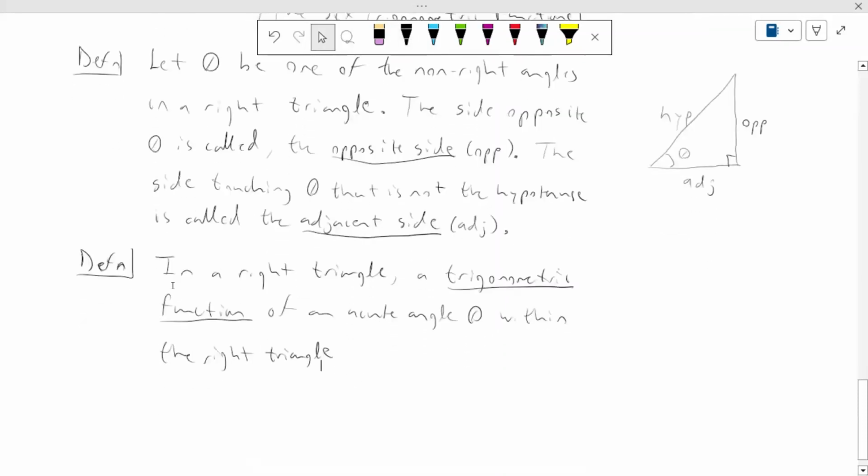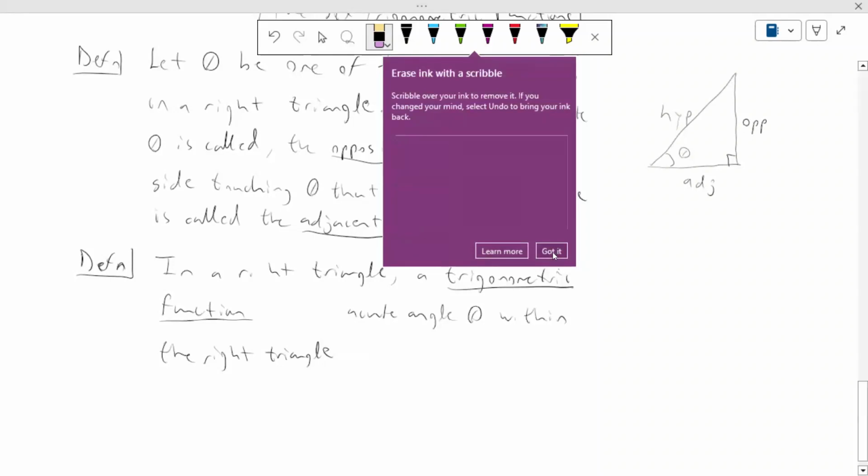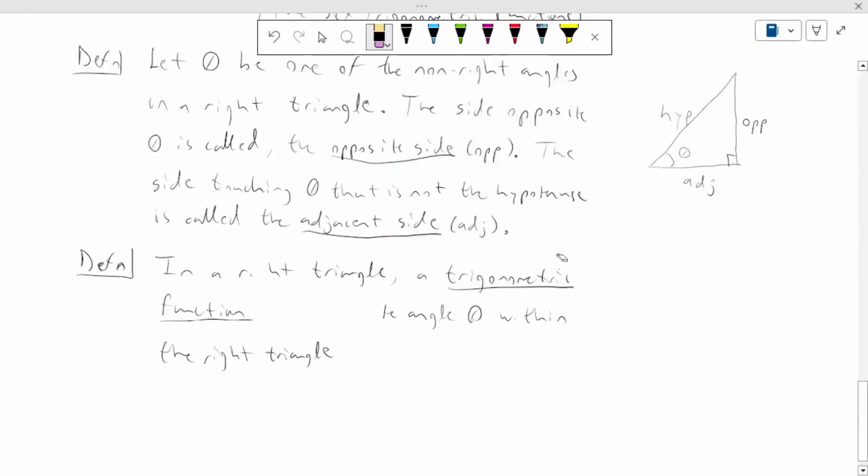Oh, sorry. I meant the right. In a right triangle, a trigonometric function is a function of an acute angle. Sorry about that. It's a bit sloppy. You know what? I'll just rewrite it. Okay, there we go.